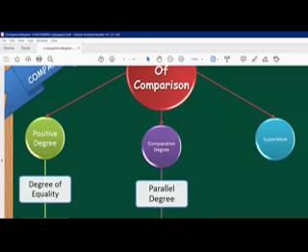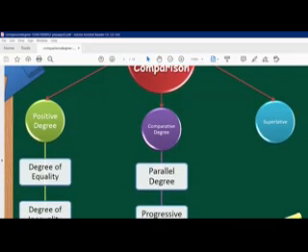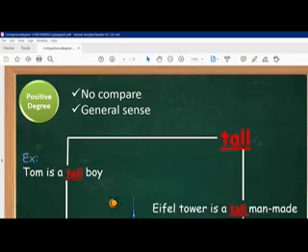Now, the next part, which is very important for all of you, is that here it is written, positive degree: Tom is a tall boy. Eiffel Tower is a tall man-made structure. So this tall applies to a particular man, and it is their height that is being considered here, nothing else, and no other objects or persons have been mentioned here except these two.